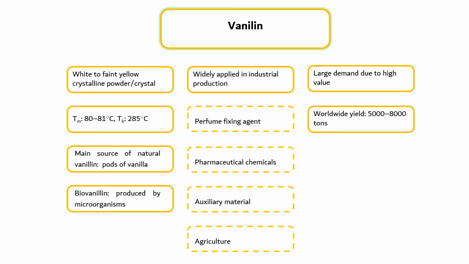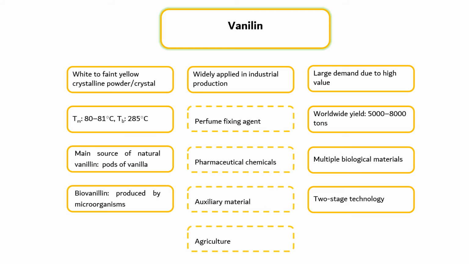Vanillin production via the bioconversion method has been developed for more than 10 years, and this technology made use of multiple biological materials including fungi, genetically engineered bacterium and extracted enzymes. For the time being, there has been no report on the multiple industrialization of vanillin. The most studied bioconversion method is a two-stage technology, where vanillic acid is produced from ferulic acid and then vanillin is further prepared from vanillic acid.